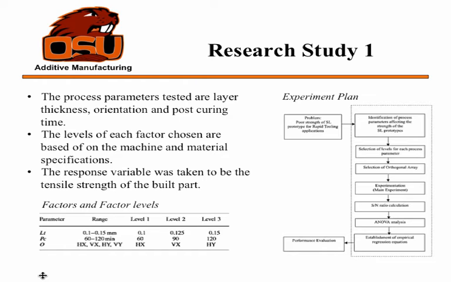For orientation, they choose four different things, which is completely random. I have no clue what they are because they haven't explained what HX or VX or anything is. The post curing time is dependent upon layer thickness, and they've considered interaction between factors as well, which usually they don't do when doing parameter analysis using Taguchi's method.